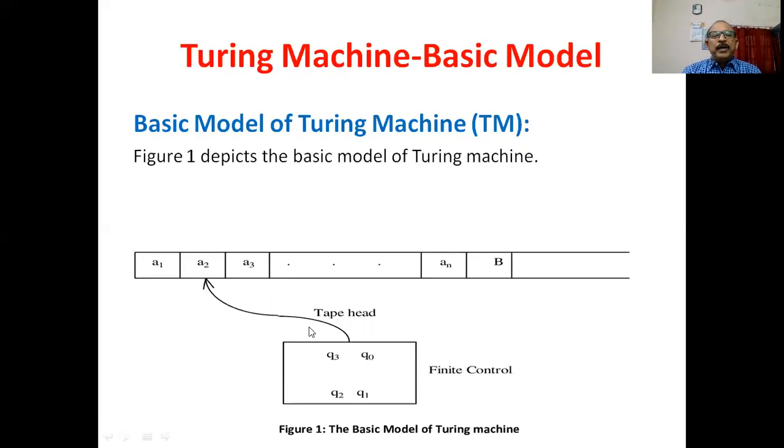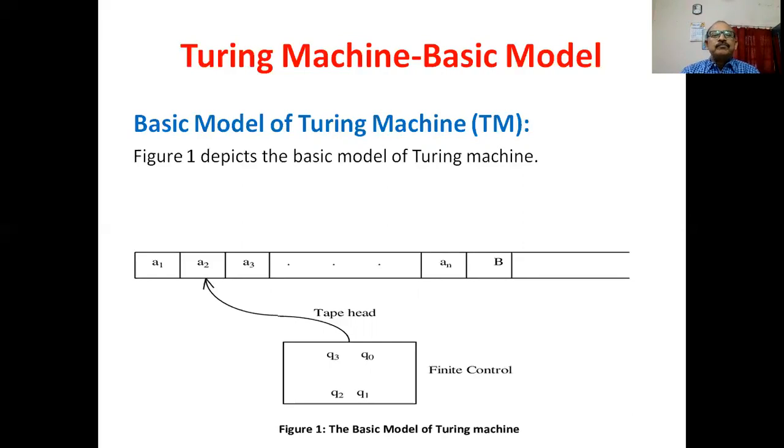Here the tape head moves in the left direction as well as the right direction. So the basic model of Turing machine consists of three things: a tape, the tape head, and the finite control.